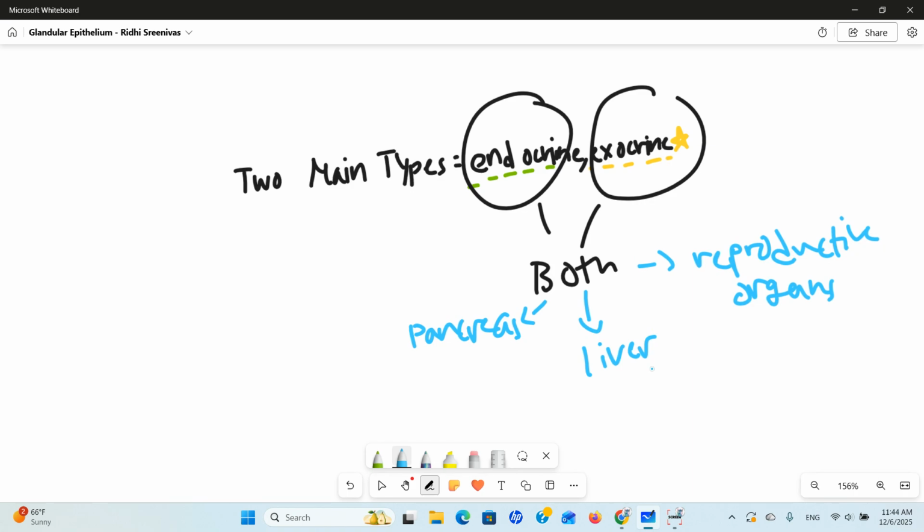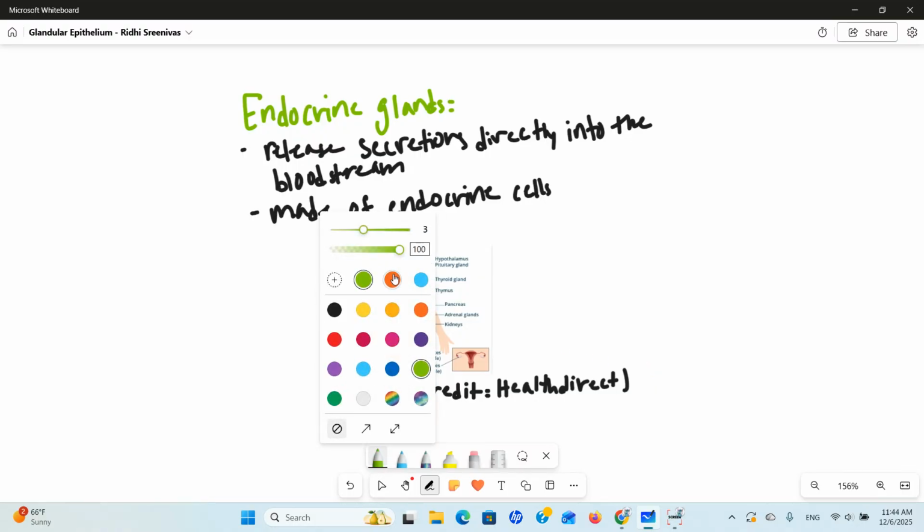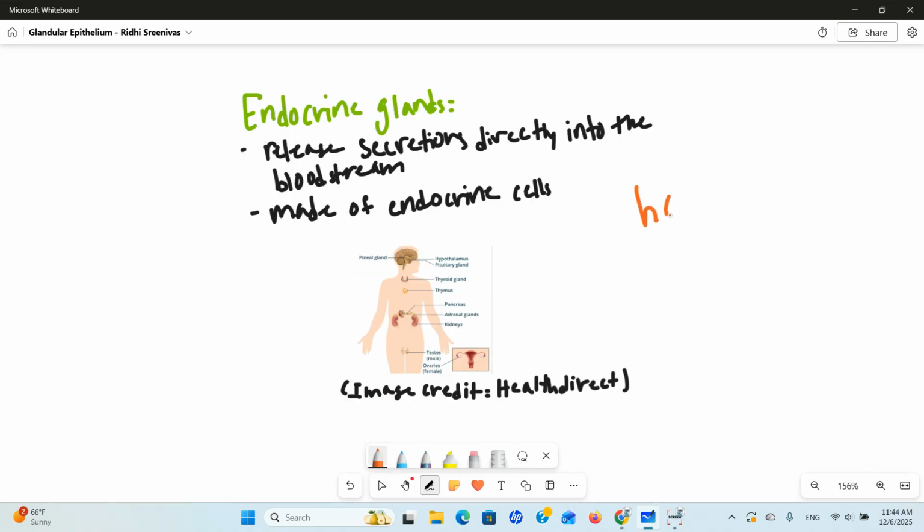But let's dive a little bit into endocrine glands first. Endocrine glands make endocrine secretions, which are hormones that are released directly into the bloodstream, into an internal environment. Now, what are hormones? Let me just write that down. Hormones, what do they do?